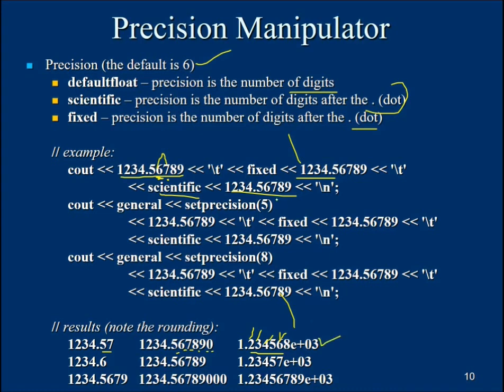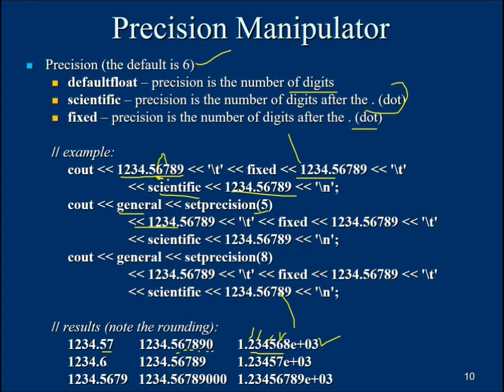But what if you want only a precision of 5? So what you can do is write general and then set precision 5, and the same 3 values will be printed.